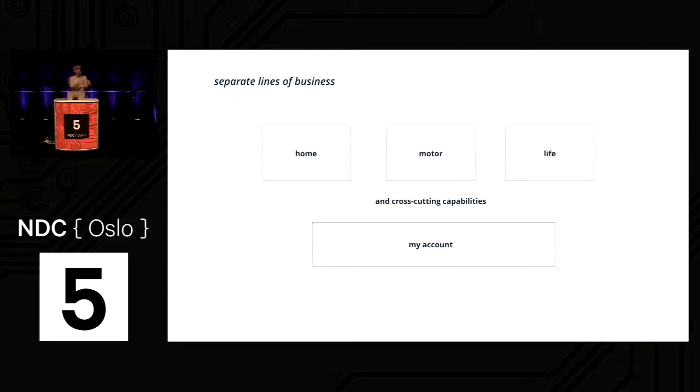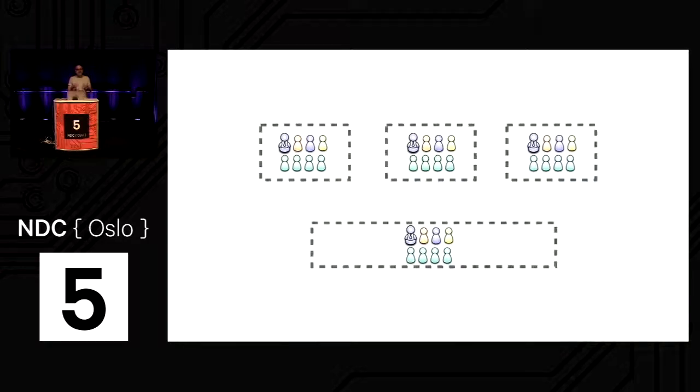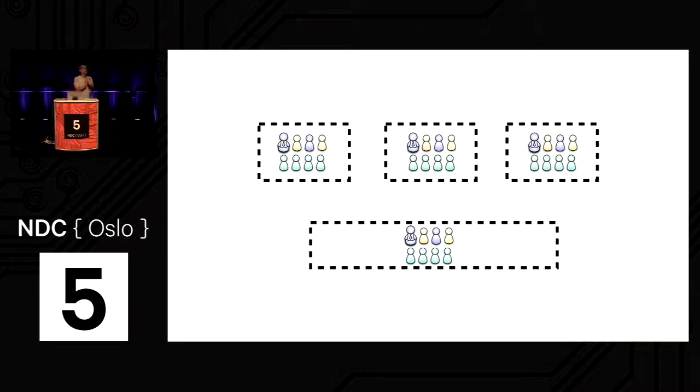So this idea that we separate these things out into stable organizational units, and then organize your teams around them, comes directly back to Conway's law, right? Because what we're going to get is a reinforcement of those team boundaries. And of course, you have some cross-cutting concerns as well. So you have these cross-functional teams delivering lines of business, and in this case, any data that needs to come out of those teams was done asynchronously via publishing of events.